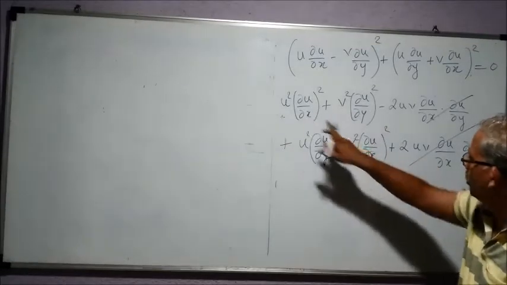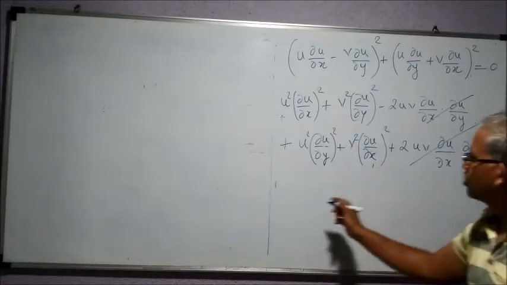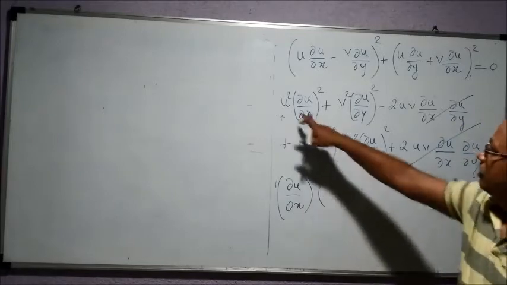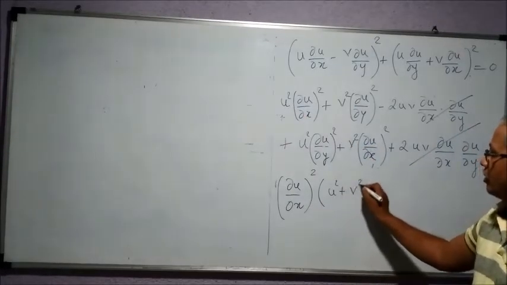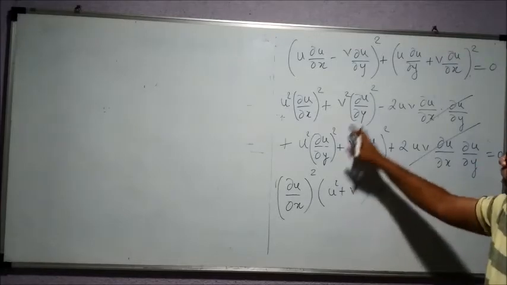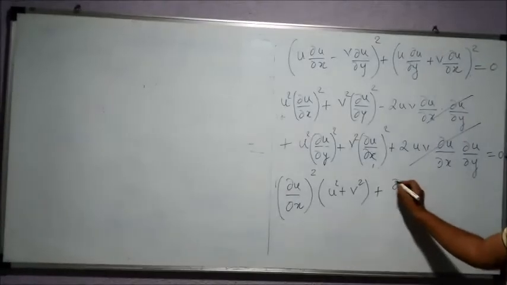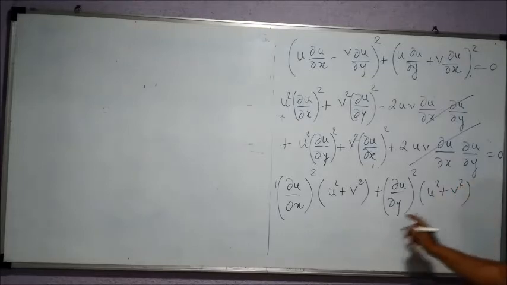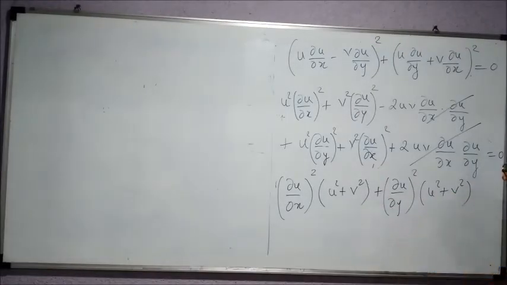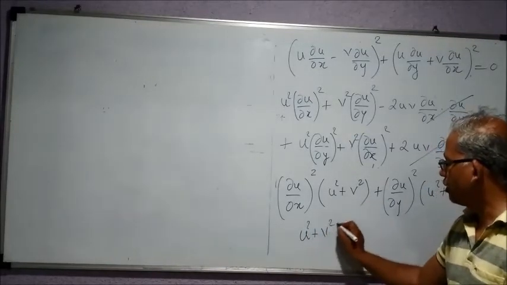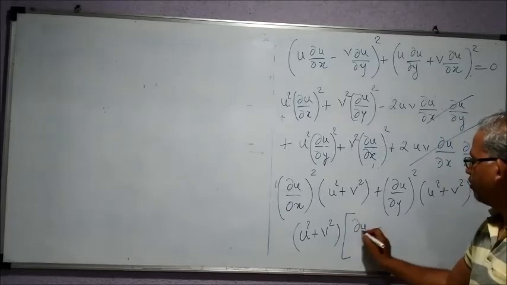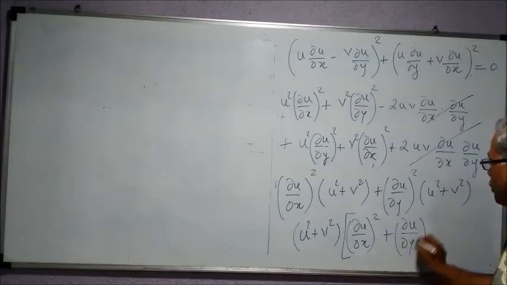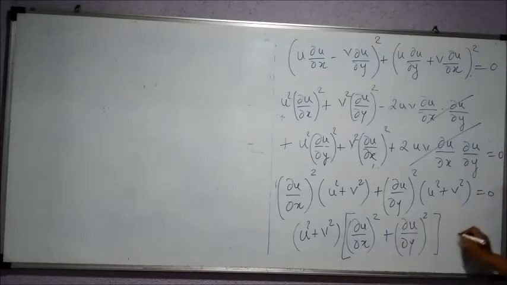Taking (∂u/∂x) squared common, we get u square plus v square in the bracket. From the other two terms, we take (∂u/∂y) squared common, and again get u square plus v square. Taking u square plus v square common, we have (u square plus v square) times ((∂u/∂x) squared plus (∂u/∂y) squared), and this is equal to 0.